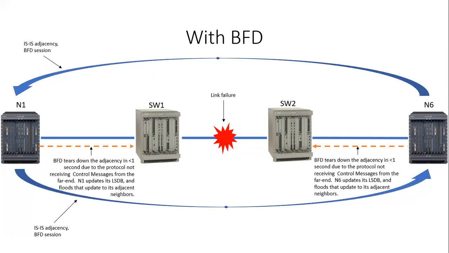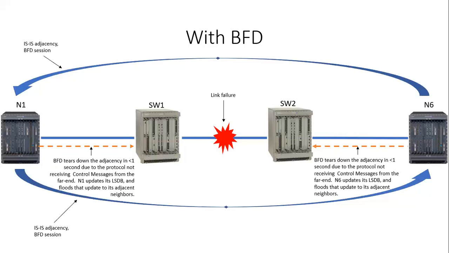But this time they've overlaid their IGP with bidirectional forwarding detection. So they've taken control of the adjacencies from intermediate system to intermediate system and given it to bidirectional forwarding detection.